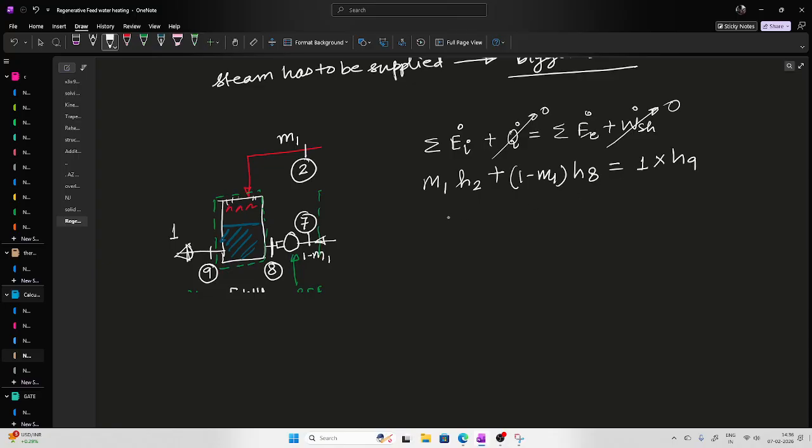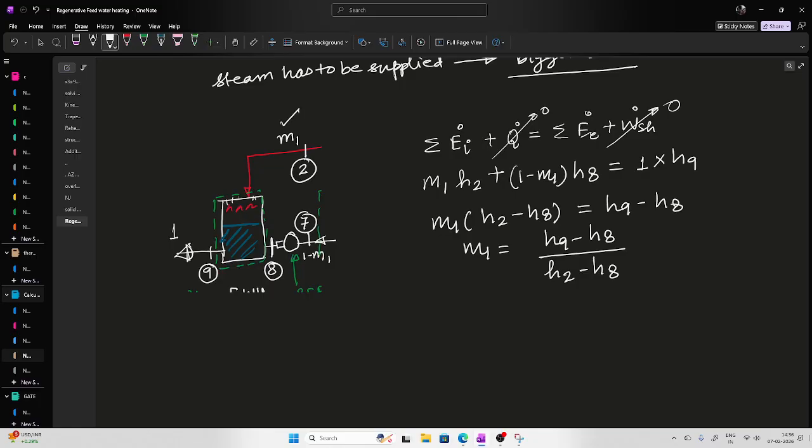Now if you solve this, you will have m1 (h2 minus h8) on the left side and on the right hand side you will have h9 minus h8. So m1 will come out as (h9 minus h8) divided by (h2 minus h8). So this is the extraction for the first feed water heater, the open type of feed water heater, as we were discussing only open type.